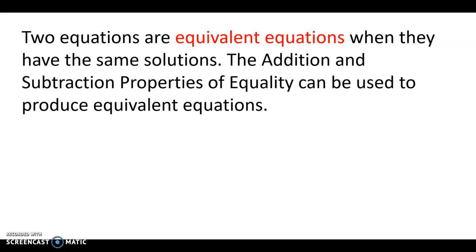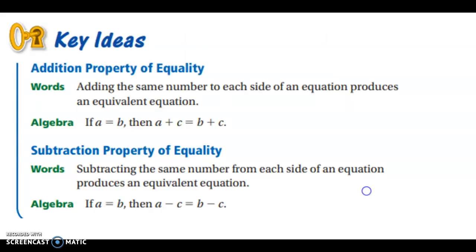The addition and subtraction properties of equality can be used to produce equivalent equations. So these are the definitions from the book, and we're going to look at these. The addition property of equality says when you're adding the same number to each side of an equation, it produces an equivalent equation.